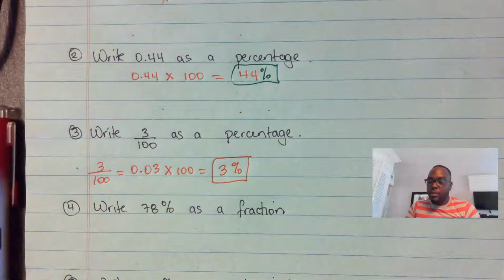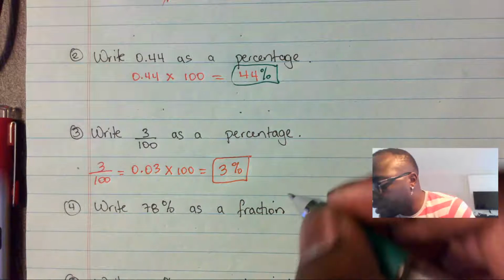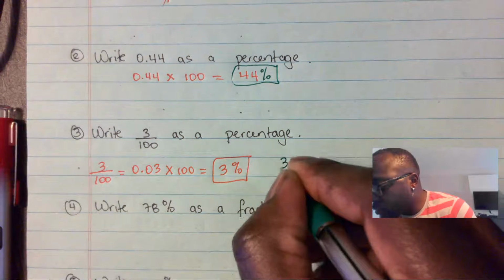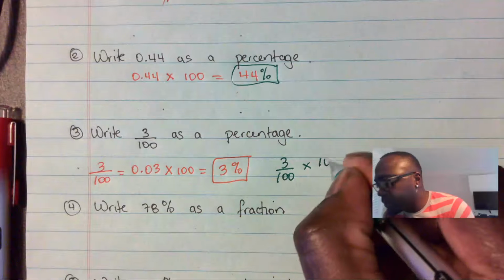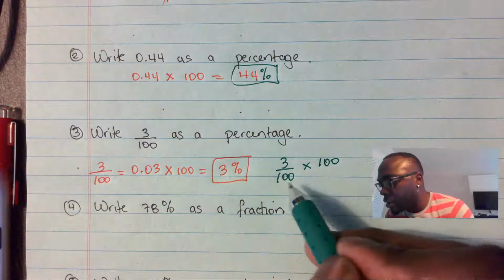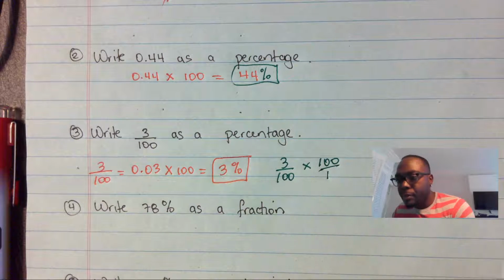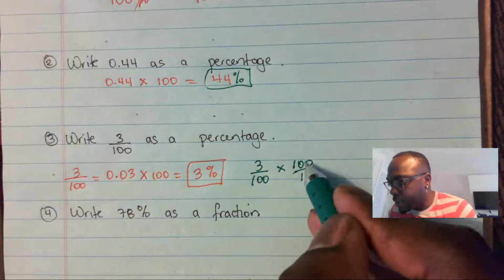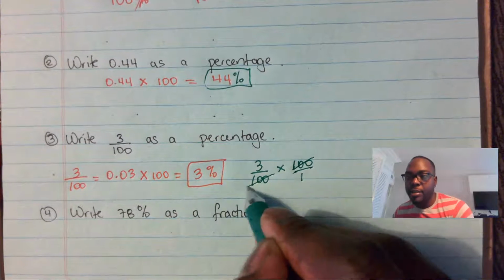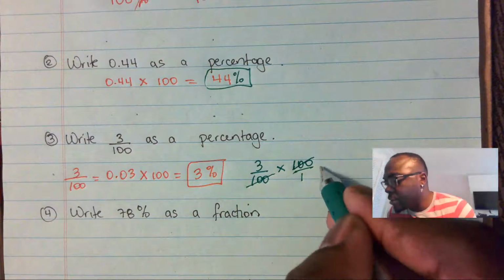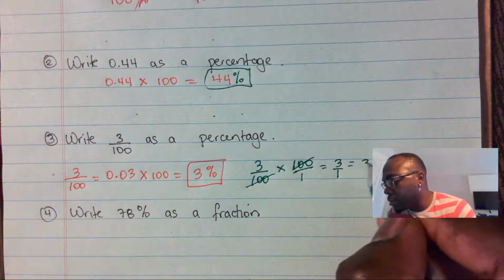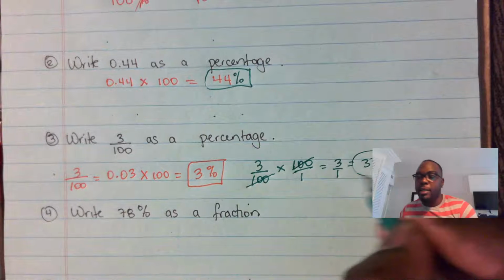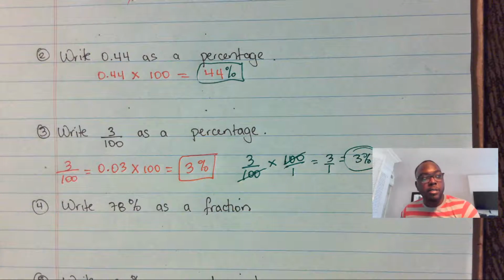Another way that we can do this is to take 3 over 100 and multiply this by 100 over 100. When I cancel across, the hundreds cancel, so all I'm left with is 3 over 1, which is the same thing as 3%. Again, remember there's no set way of completing these.